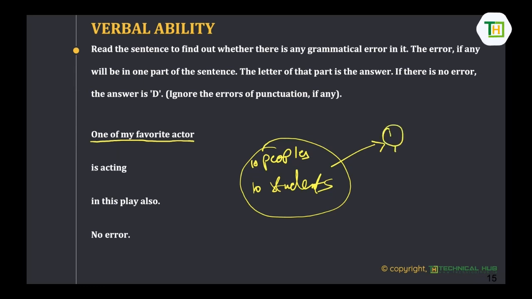One of these students is good. Always remember, when you select one person from a group, it should be "one of these students." That is the correct way of answering it. So one of my favorite actors is acting in this play also.